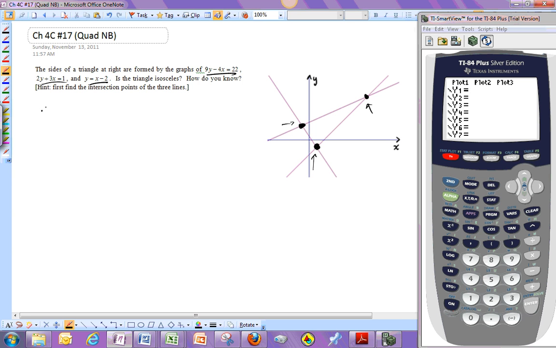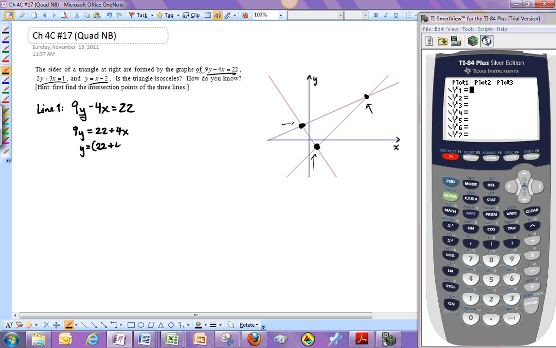Now, I'm going to write line 1 here. I'm going to call that one the first equation. And remember, in order to graph things on our calculator, we've got to get y by itself. So I'm going to isolate the y term here. I got plus 4x on the other side, and then I'm going to divide by 9. A lot of students want to divide 22 by 9 and 4 by 9. The calculator doesn't care.